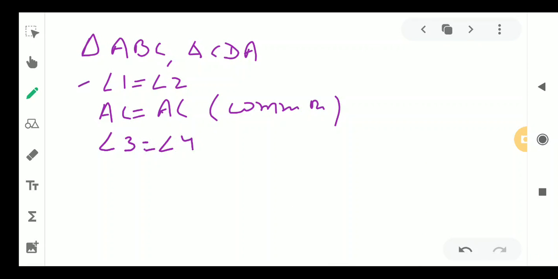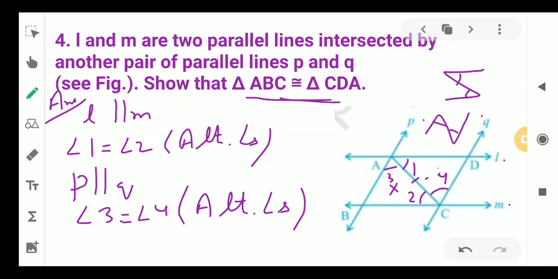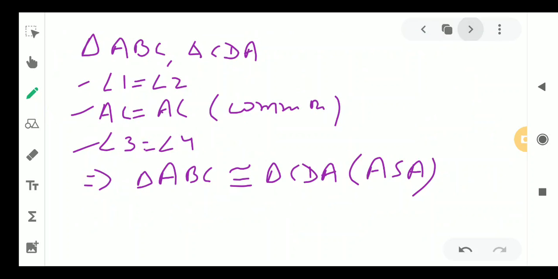So we are watching angle side angle. So this implies triangle ABC is congruent to triangle CDA by the angle side angle criterion. So this we have to show here, triangle ABC congruent to triangle CDA, which we have shown congruent by the ASA criterion. Thank you.